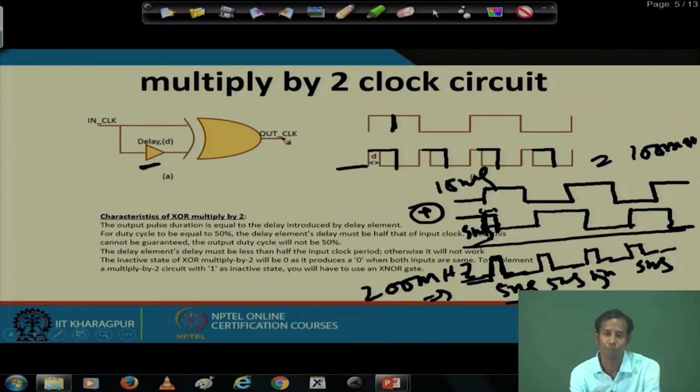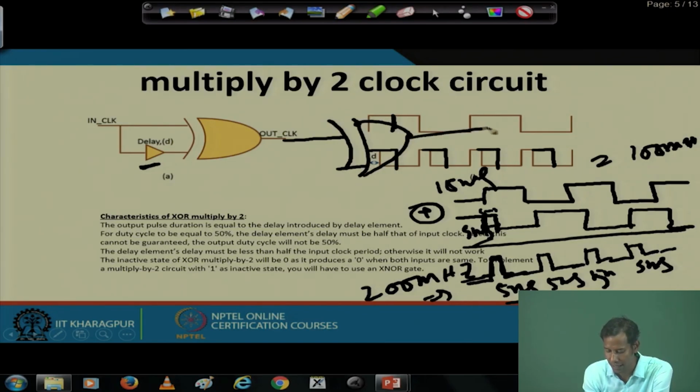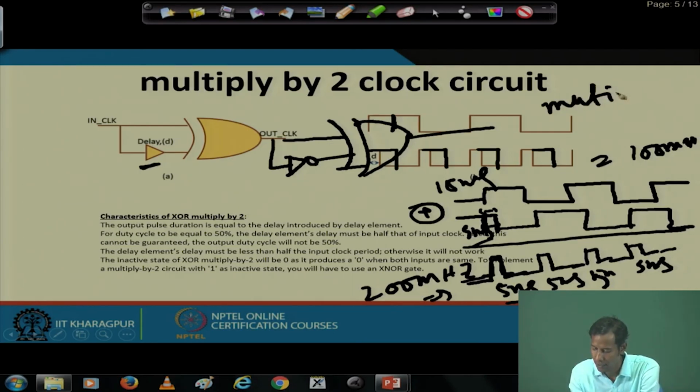Now, if I ask you how to design multiply by 4, then again you extend these signals and put in another XOR gate where you again use the same structure. So, this circuit will multiply by 4.